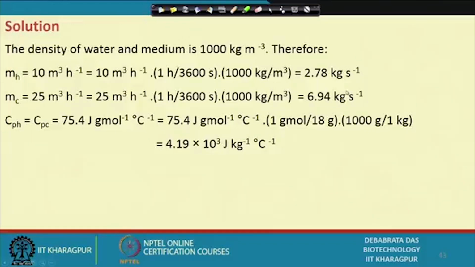Similarly we can convert the flow rate of cool water, which is 6.94 kg per second, and the specific gravity of cool and hot water, that we can also convert into SI units.